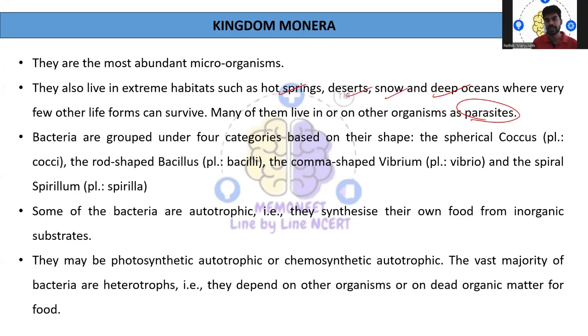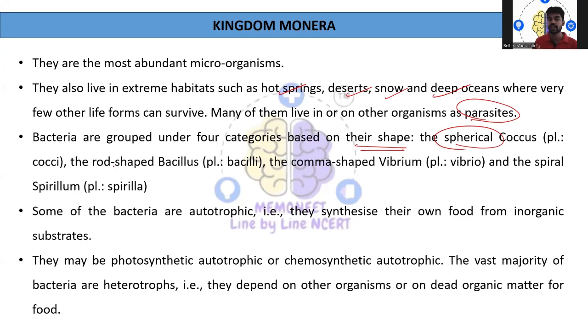Most of them, like the bacteria, come under this group. In bacteria, there are four categories based on their shape. One is spherical in shape, for example coccus, and the plural, when there are so many, is cocci.